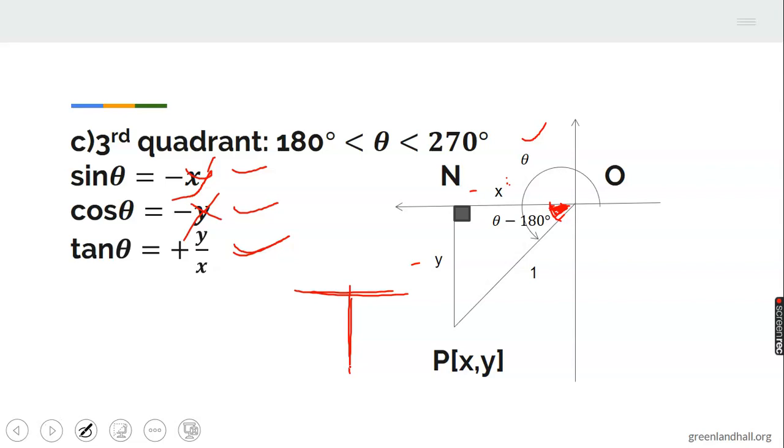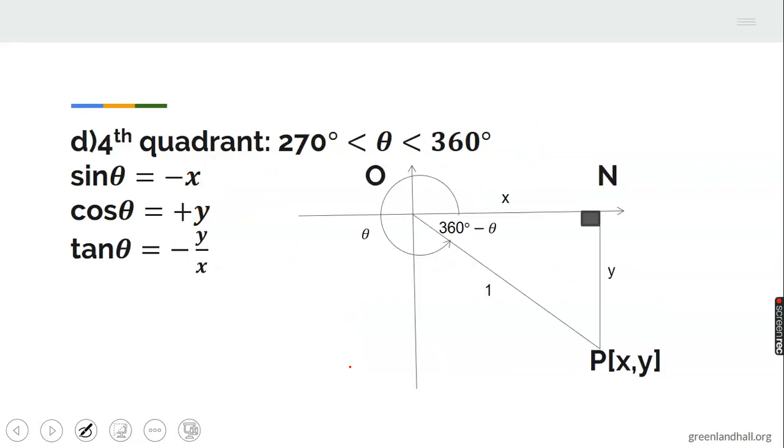Now the last quadrant. This is the last quadrant. Very important. Y is negative here. This is negative y, but x is positive. So we have the remaining angle to make with the horizontal here.